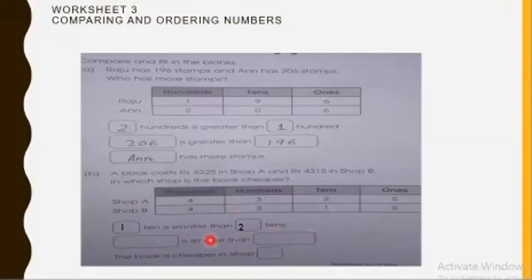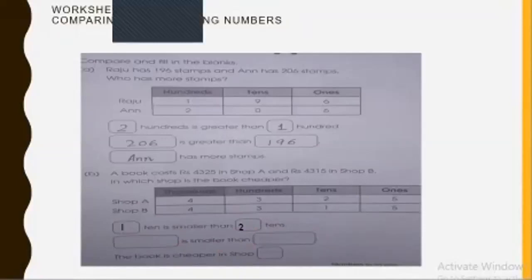So they are basically asking about the tens value. You quickly understand that dash tens is smaller than dash tens. So you are going to put the value over here: 10 is smaller than 20. Dash is smaller than dash. Okay, at this point, you are going to put the value over here. So let me just write it for you all.